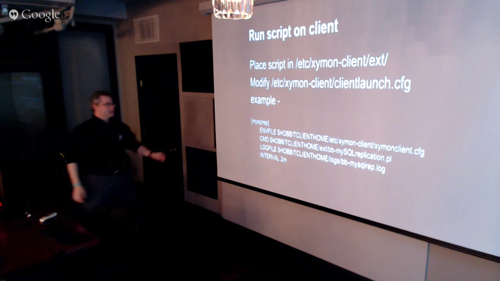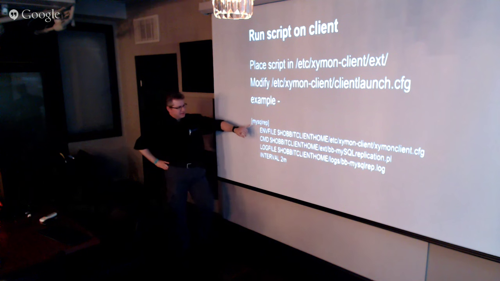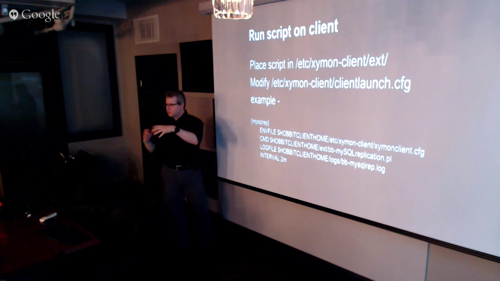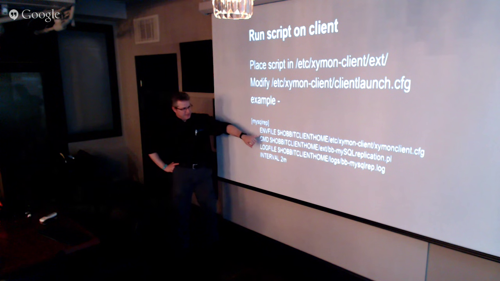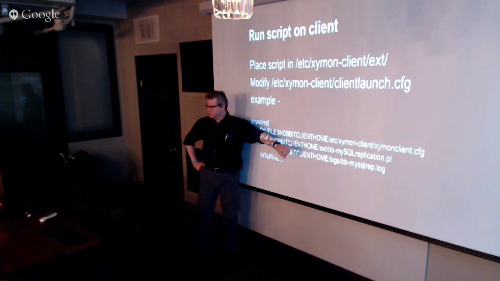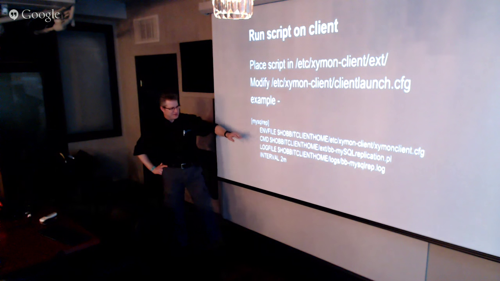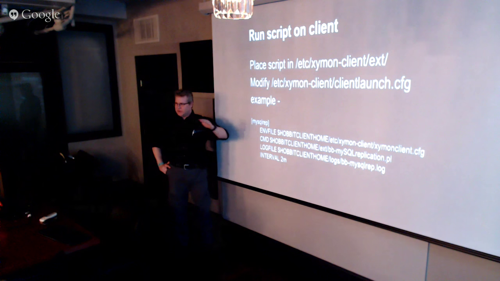So in this example, this is a MySQL replication test. You have to run that locally on the system. Some of the items still say Hobbit configs in them. If you look at the main config file, you see Big Brother config, then Hobbit config, then Xymon config. They all kind of reference the same variables.